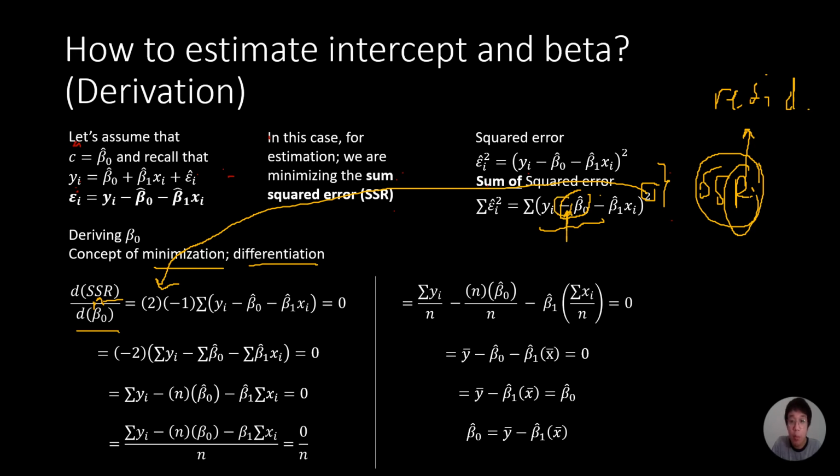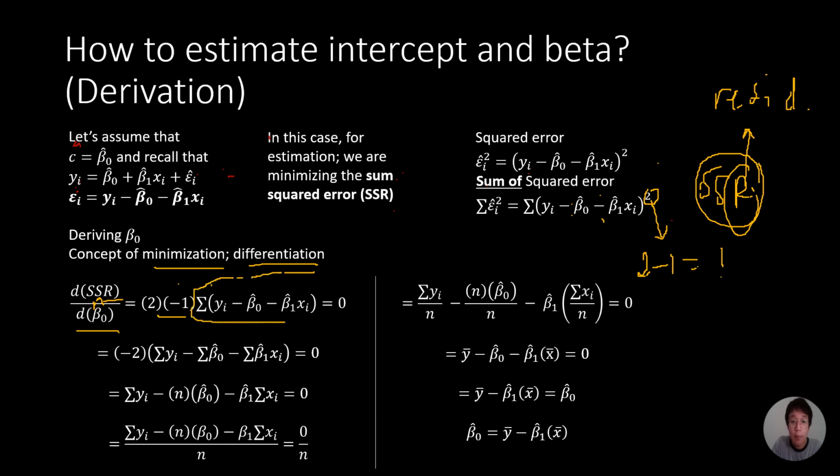So you put your -1 as well here. So 2 times -1, and then if you notice again, all of this to the power of 2, you need to minus it off by 1. So you only have power of 1 now. So this is where you get this part. You just rewrite everything here, but it's just to the power of 1 only. Alright? So that's about it for this part.